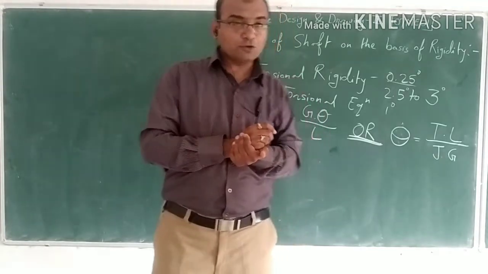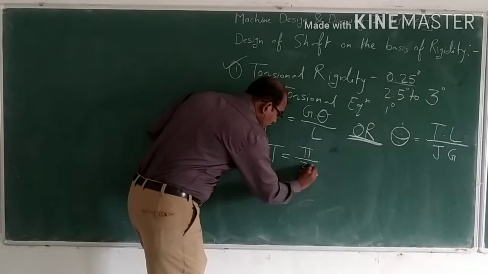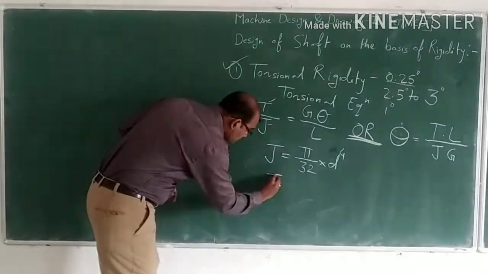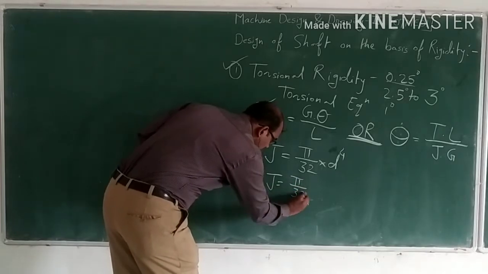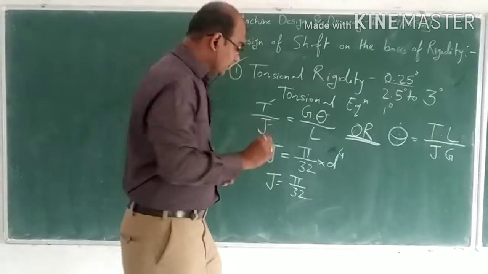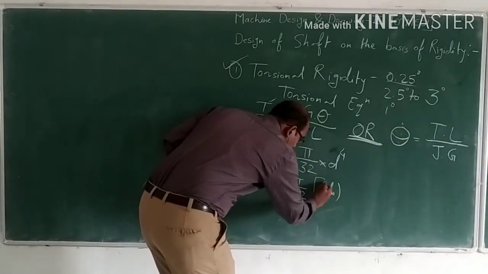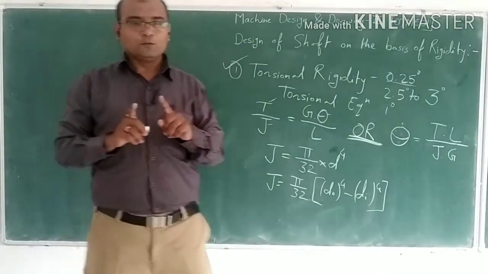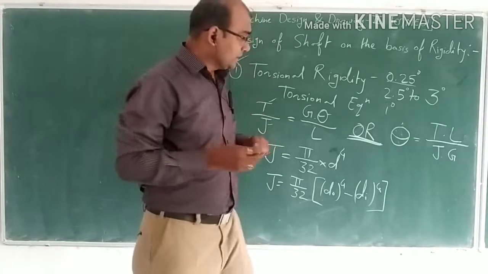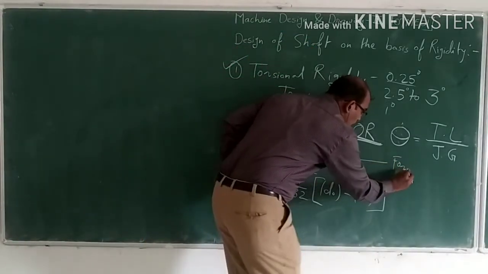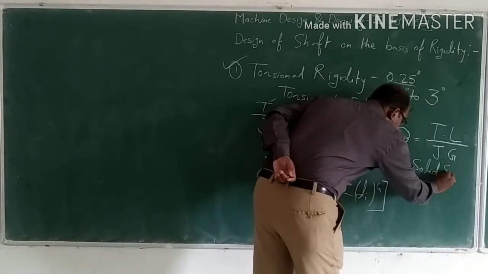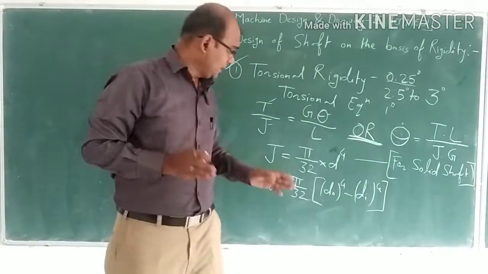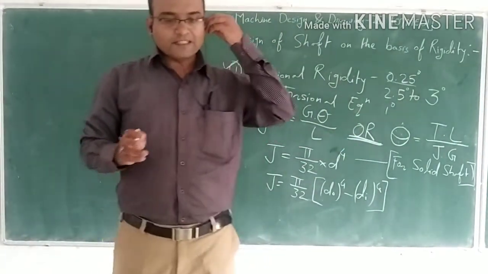J equal to pi by 32 into d to the power 4 is for the solid shaft. And J equal to pi by 32 into (d to the power 4 minus di to the power 4) is for the hollow shaft.